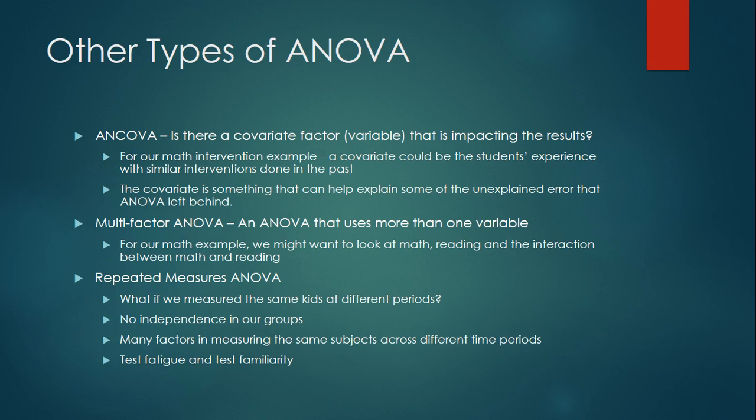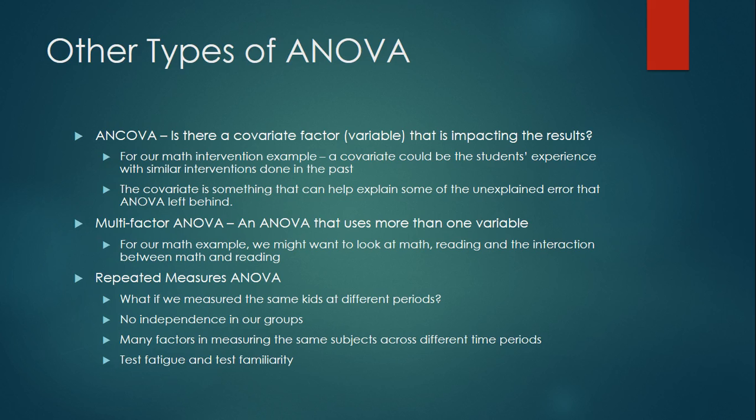Lastly, what we had done here was an independent ANOVA, where the students in our groups were in no way overlapping. But sometimes you design an experiment where you're using the same students. So imagine that we had 25 kids and we were going to expose them to experience A, experience B, and experience C. What we want to know is how much variation there is between the three experiences as opposed to how much variation there is between the individual kids, the 25 kids.